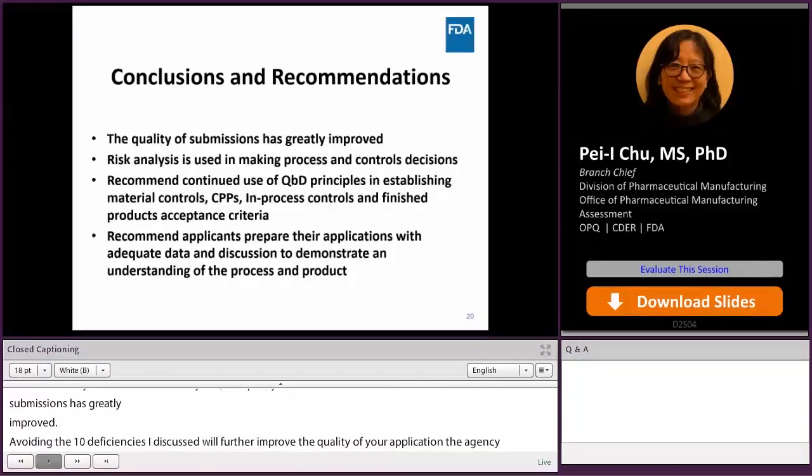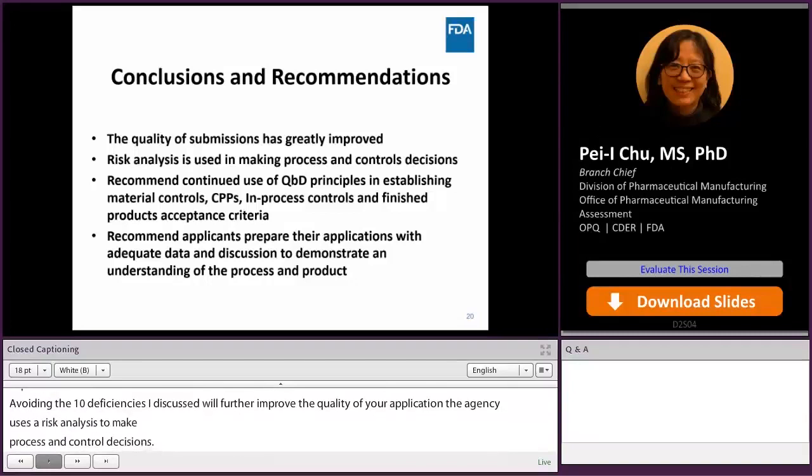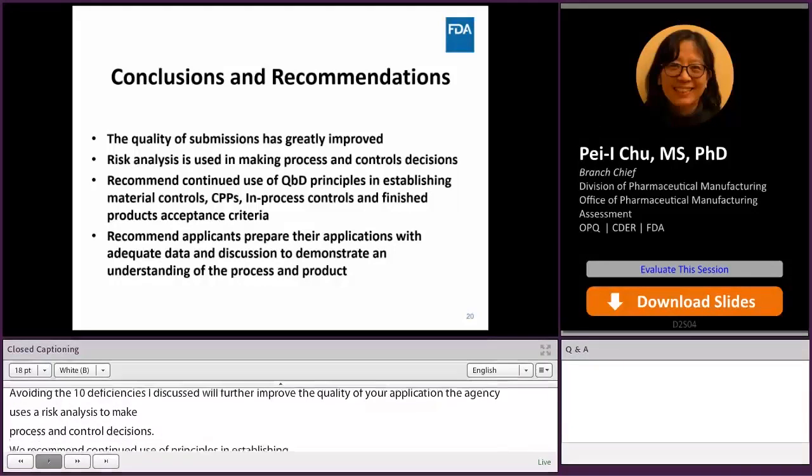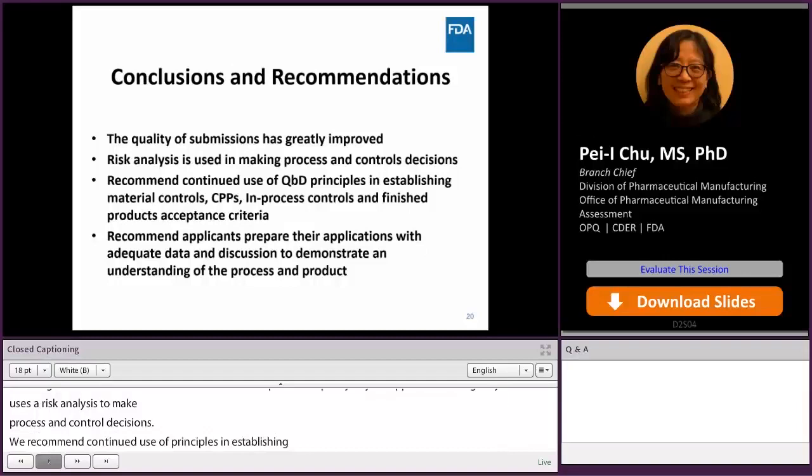We recommend continued use of QbD principles in establishing material controls, CPP, IPCs, and finished product acceptance criteria. The applicant should prepare their application with adequate data and discussion to demonstrate that there is a good process and product understanding.